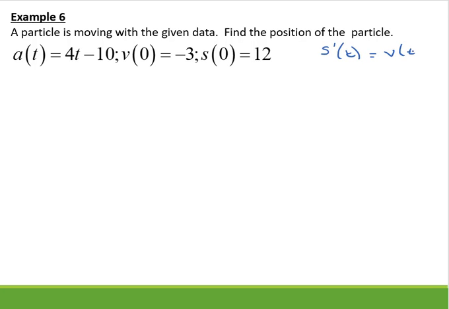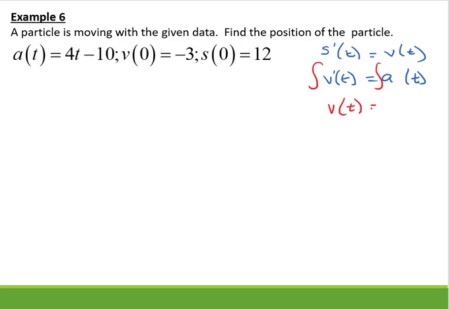Now if I integrate acceleration, that's going to get me my velocity function. If I integrate my velocity function, that's going to get me position. So here I have my acceleration function.